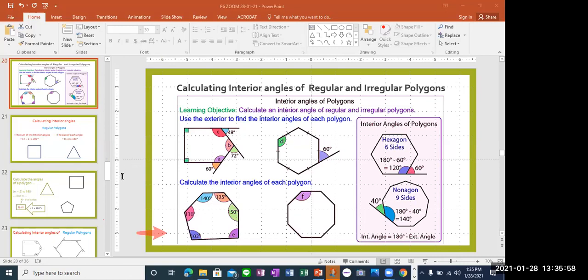When you calculate the polygon, it would be this way: n minus 2, times 180 degrees.